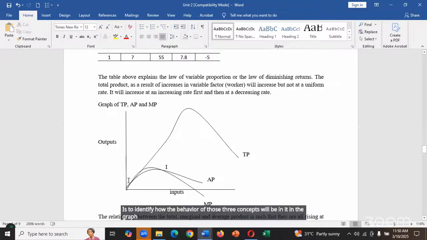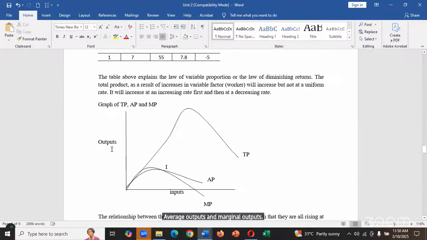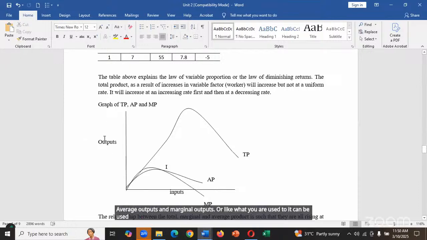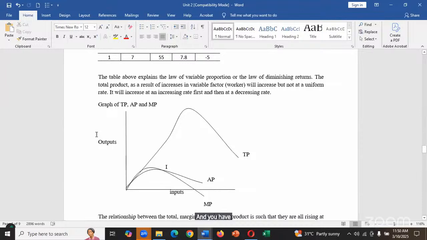So for the total product, we have output on the y-axis. On the y-axis, it can be total output, average output, and marginal output. Or, like what you are used to, it can be total product, marginal product, and average product. And on the x-axis, we have the inputs, that is Q, quantity of inputs, and you have the response of the outputs.